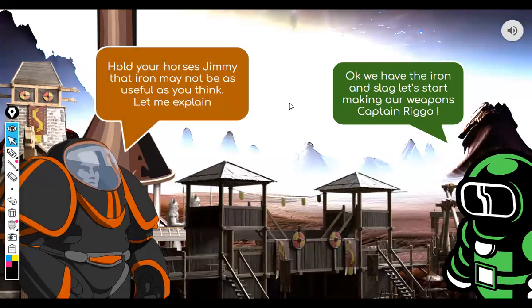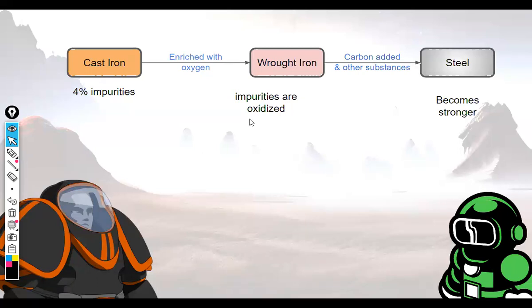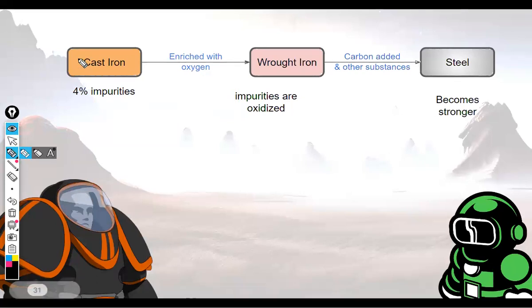All right, but here's the thing. When you extract pure iron out of the ground, like the process we just did, even though it's better than stone and maybe better than bronze, it's probably not the best iron in the world. And there is a reason for it. The iron that we just got, that we opened the tap and it flowed out, you usually call that cast iron.